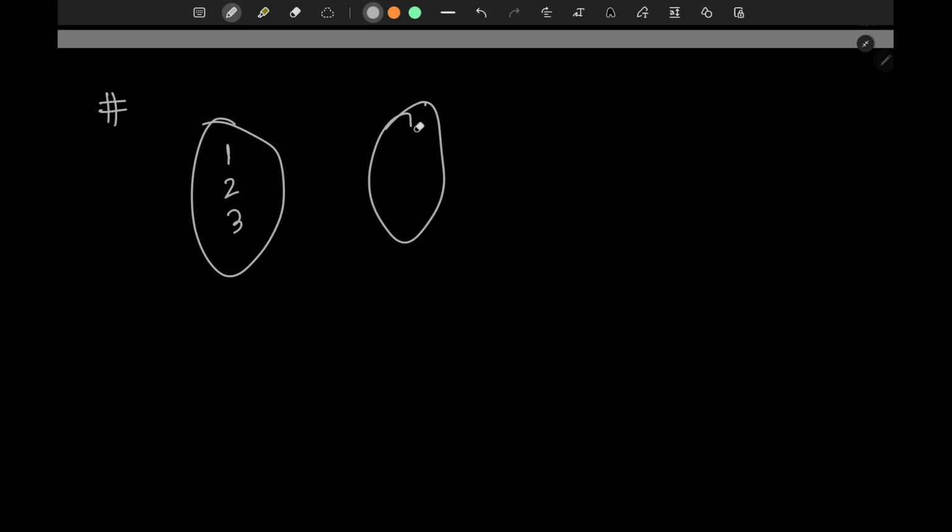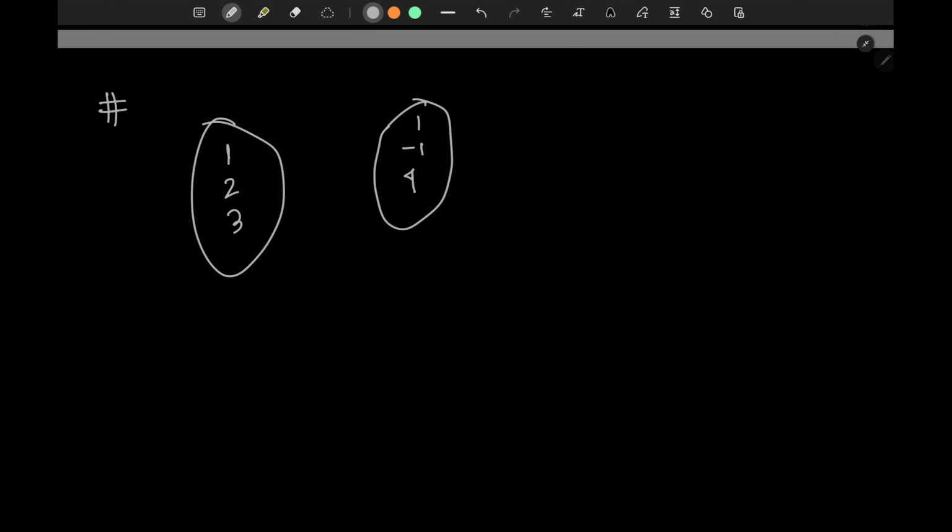So now let's look at another example. Let's say I have 1, 2, 3, and I have an output set as 1, -1, and then I have, let's say, 4. All right.